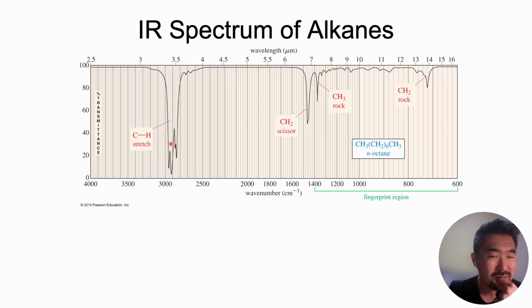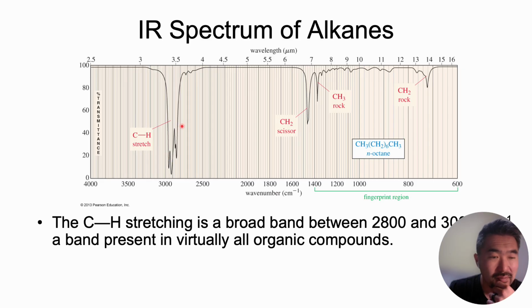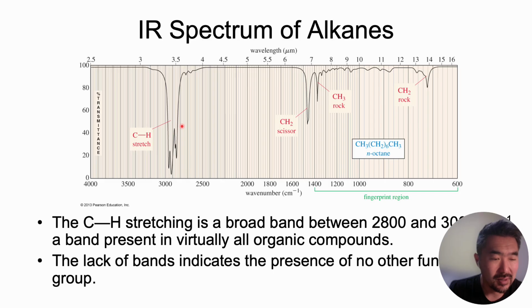So the CH stretch shows up here of this alkane molecule. You have the various scissor moves and rock moves over here, as well as some CC action over here, but again, that falls into the fingerprint region. We don't need to pay attention to that. The main thing we need to pay attention to is that the CH stretch falls right in the area that we expect for sp3 alkane CH stretch.